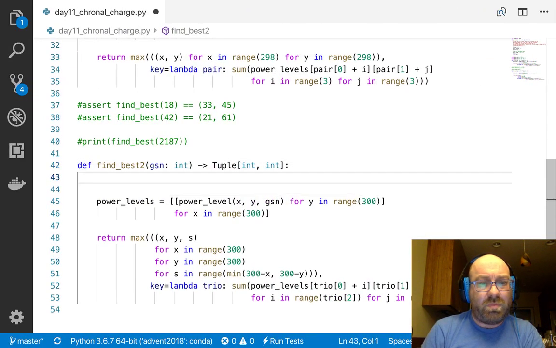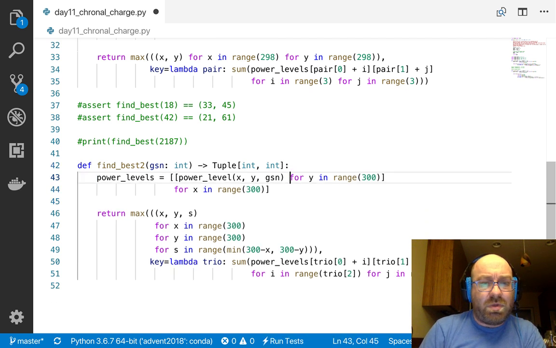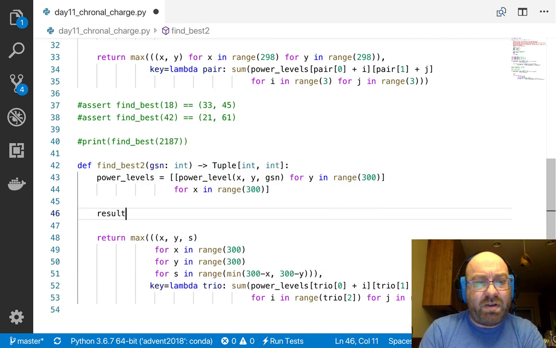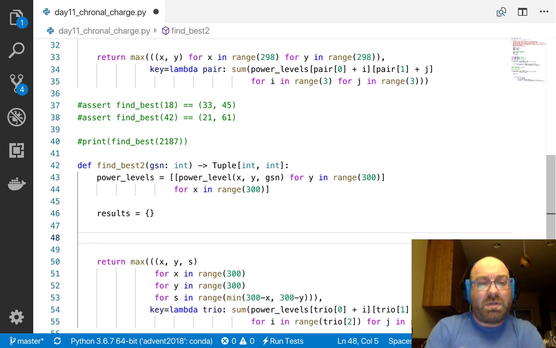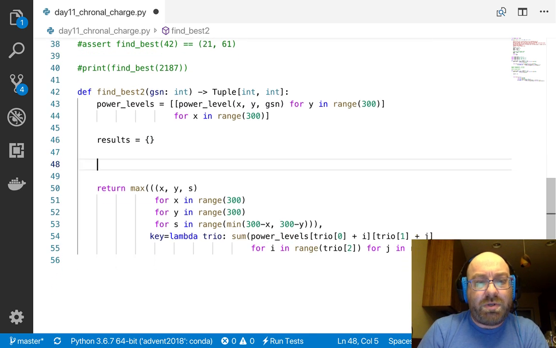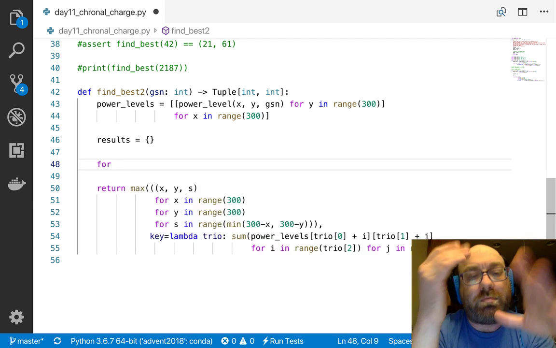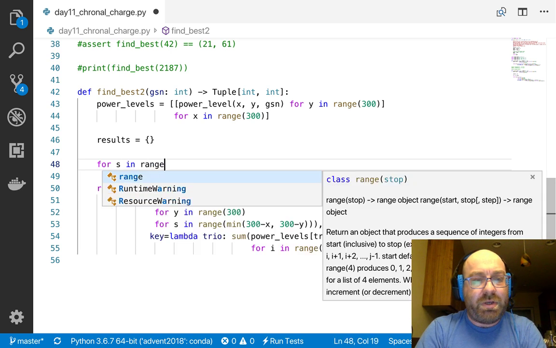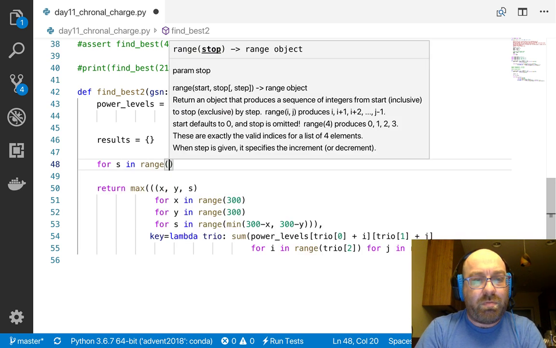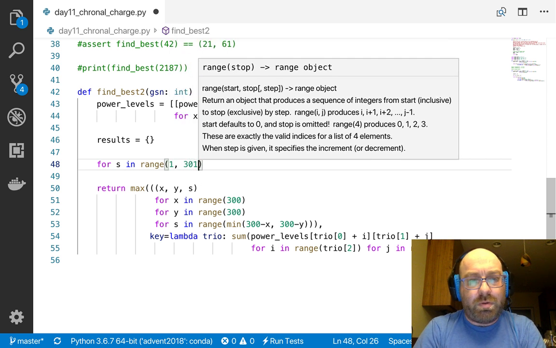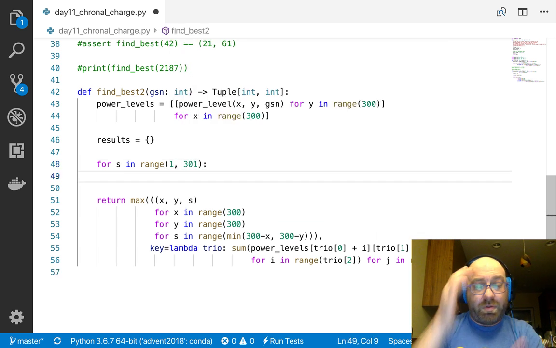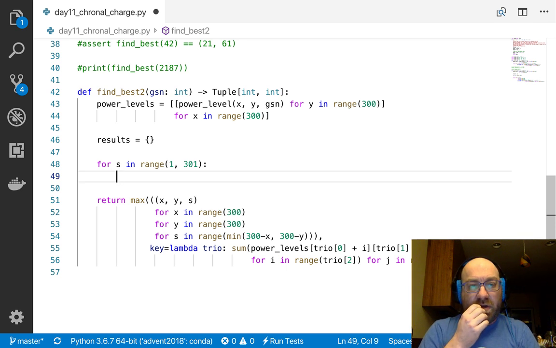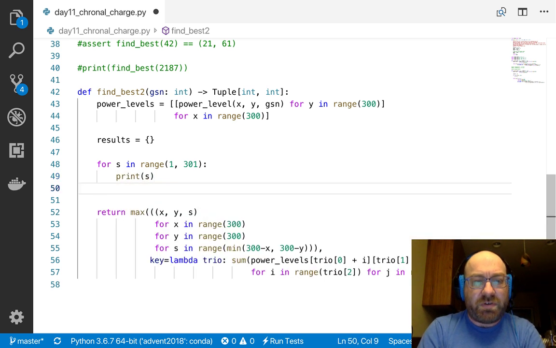So we do the power levels, and now we have the results equals this. And so what I want to do is say for s in range 1, let's say 301. So this will be the size of our square. And so what we can do is, this will just give us a sense of how slow it is.